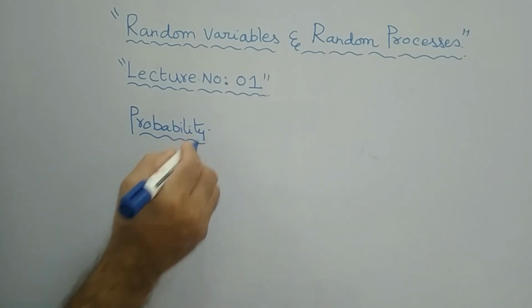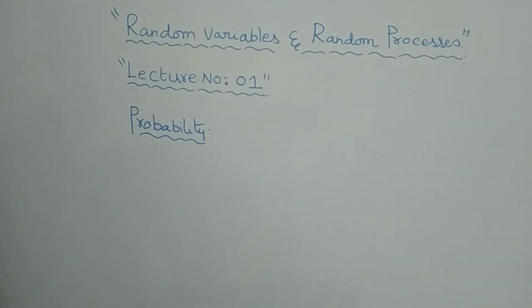Probability is nothing but it gives the occurrence of any event or any situation. It predicts the occurrence of a particular event or particular situation, right? That event may happen, may not happen.